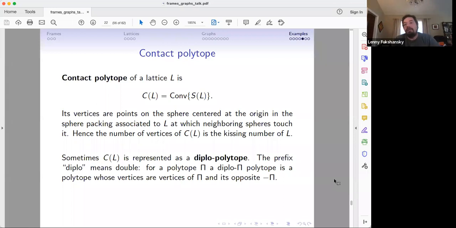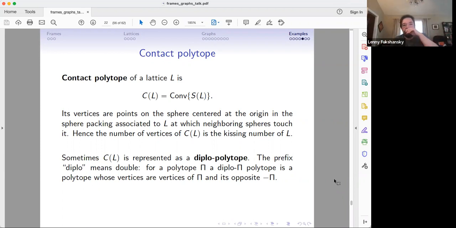It's a made-up term, but it's not made up by me. It's Conway and Sloane. They came up with this idea of a diplo polytope. Diplo means double. A polytope is called diplo if it's essentially comprised of two copies, of π and minus π.